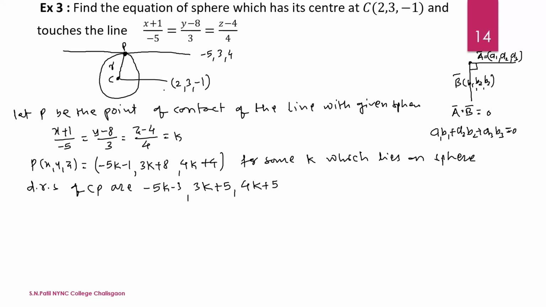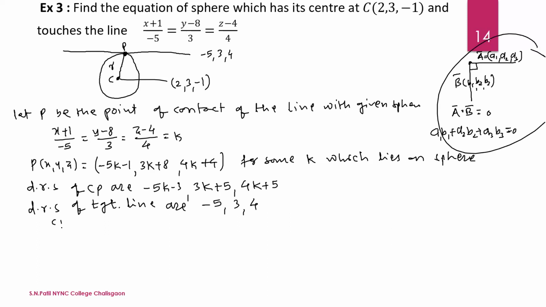Now DRS of this tangent line, that is minus 5, 3 and 4. Okay. Now the CP is perpendicular to the tangent line. We just discussed here the point.